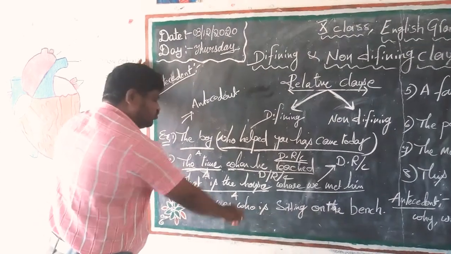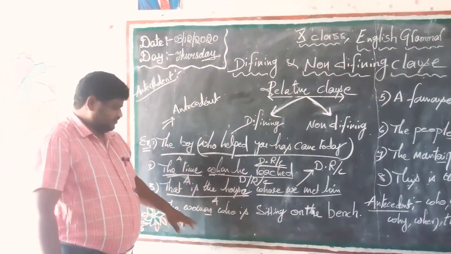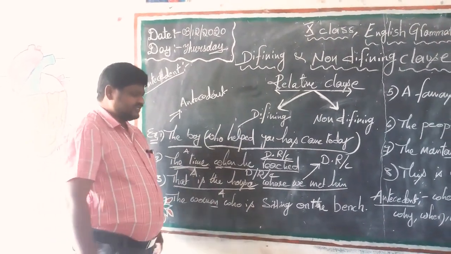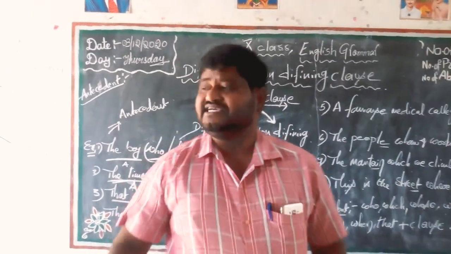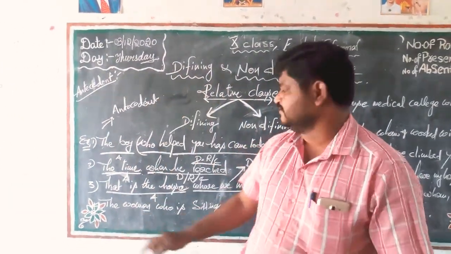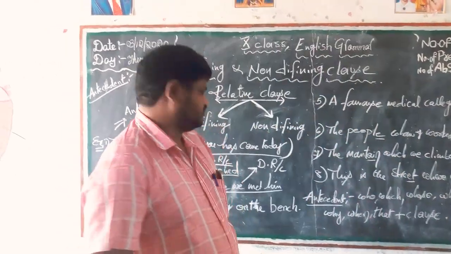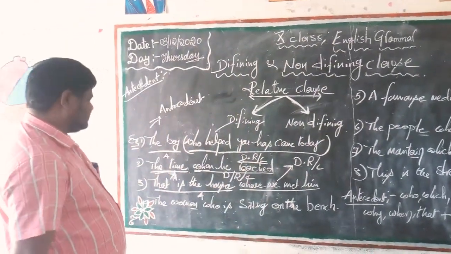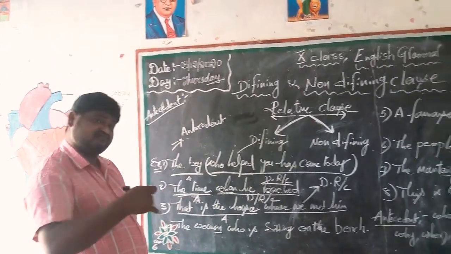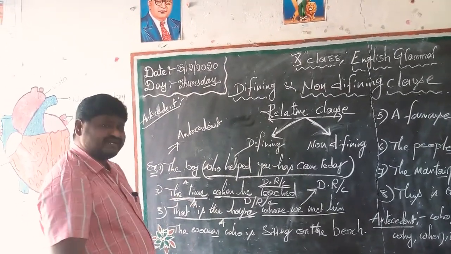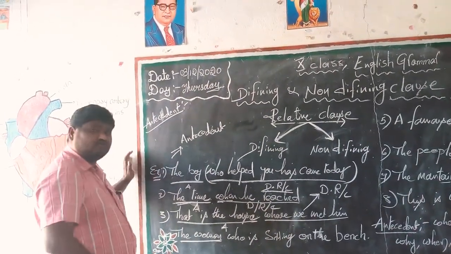The woman who is sitting on the bench. This is the sentence. From the examination point of view, this is frequently asked like this: the woman who is sitting on the bench. How will it be identified as a defining relative clause or a non-defining relative clause? This is the defining relative clause. Why? Because the woman, who is the woman?